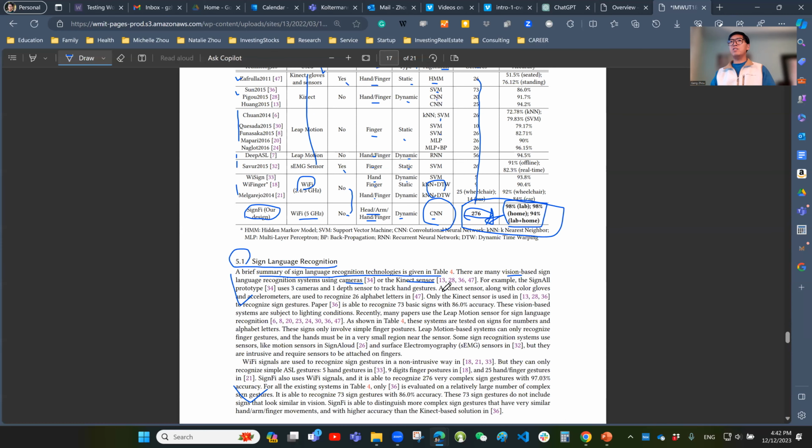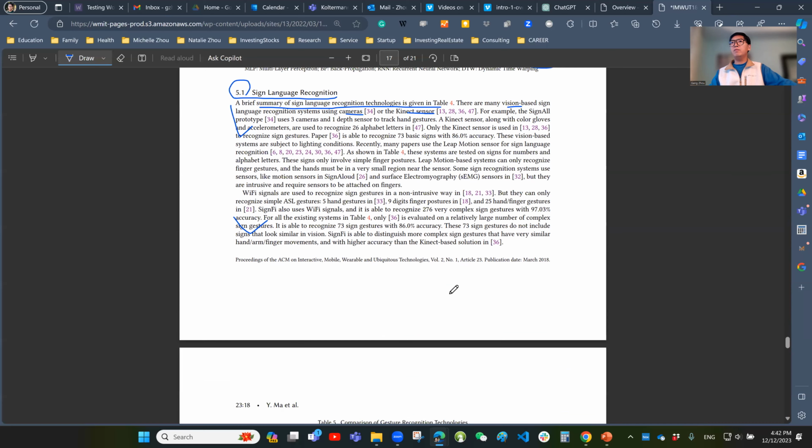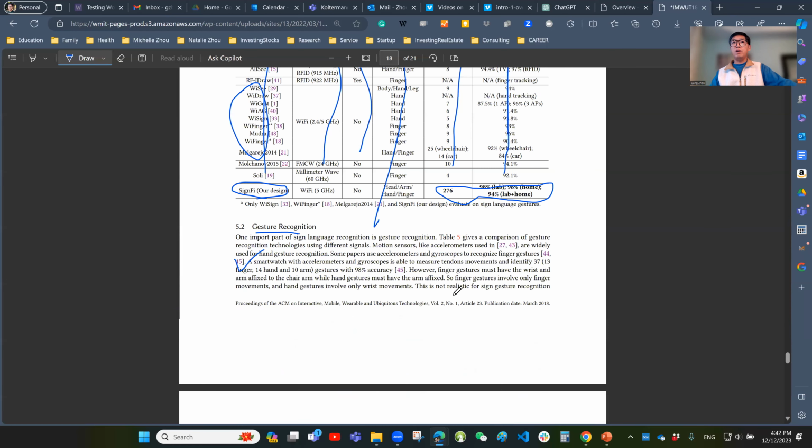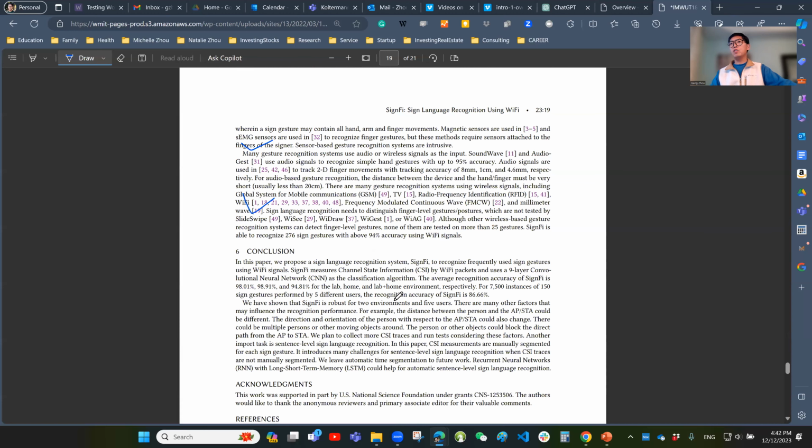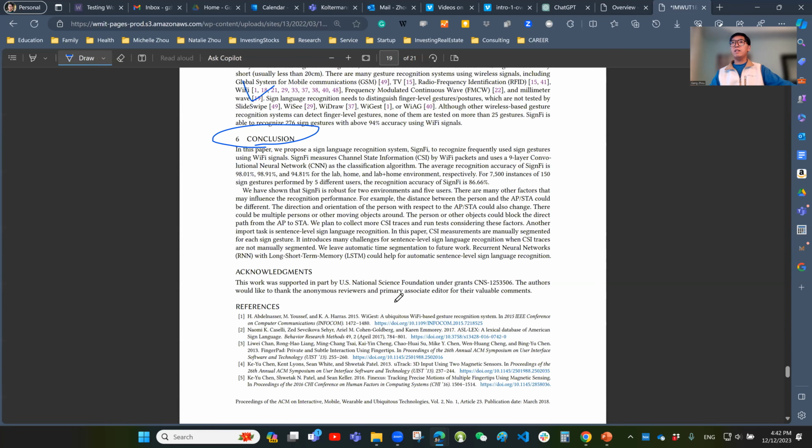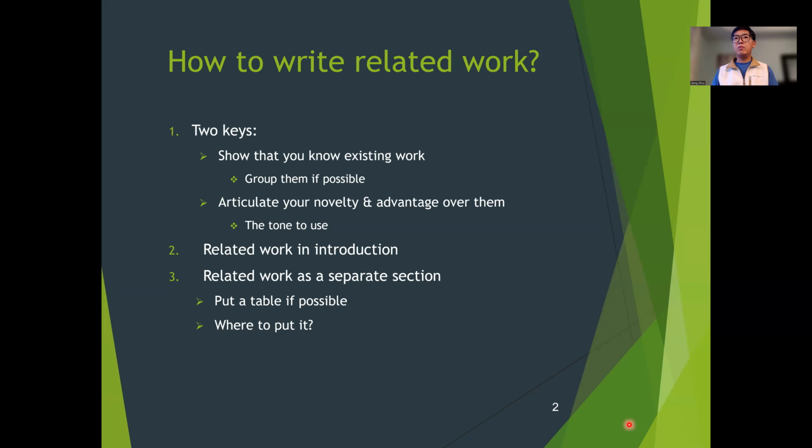If you put this in section 2, it's really hard for them to digest, and it's bad for the flow of your whole story. You see, section 5 is right before the conclusion of your paper. That's what I suggest: put it at the end, right before the conclusion. That will make the story easier to digest. Okay, this concludes the related work writing.